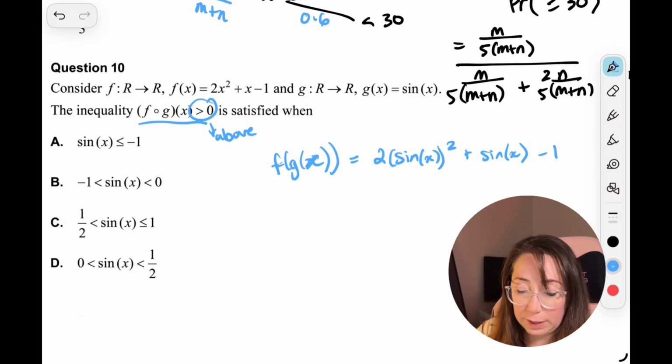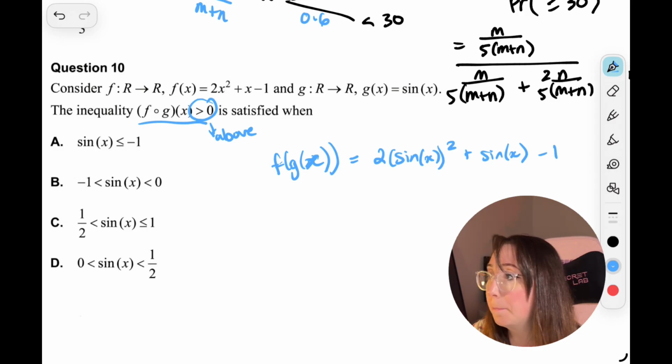And then saying when is it valid, and it's in terms of sine. So on top of that, I'm also going to graph the graph of sine. And we're trying to see what are the values of sine for which this is above the axis. Now I'm just going to zoom in so we can see this nice and proper. Minus 1. That should be good enough.